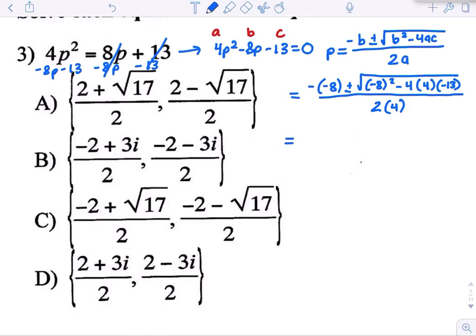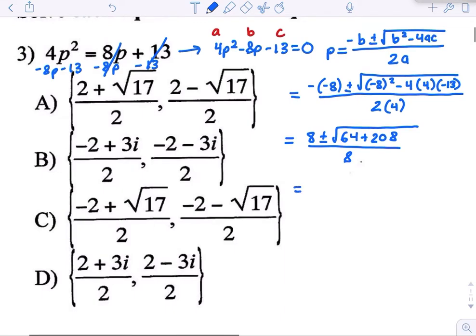Okay, simplify all that. We're going to get 8 plus or minus, negative 8 squared is 64. Negative 4 times 4 times negative 13, you guys, is plus 208, all over 8. Simplifying more, 8 plus or minus square root of 272 all over 8.